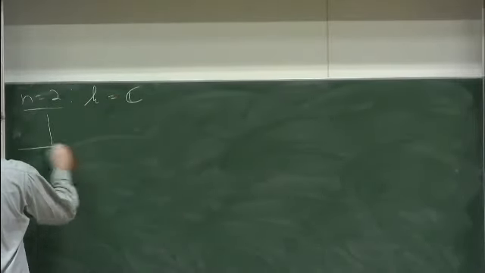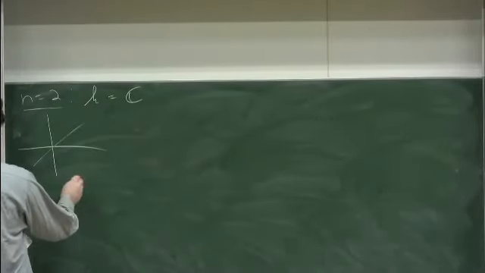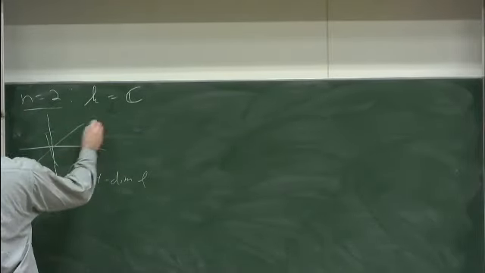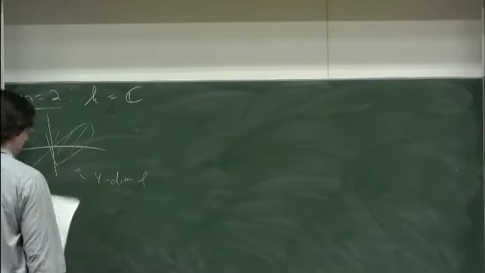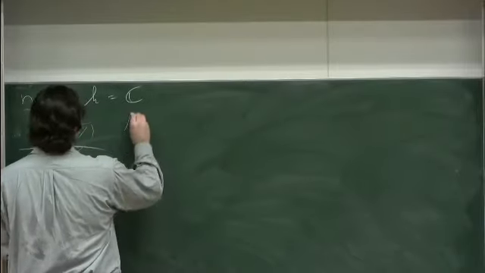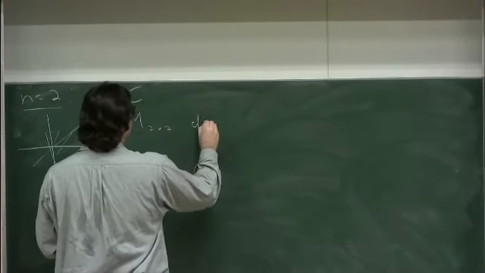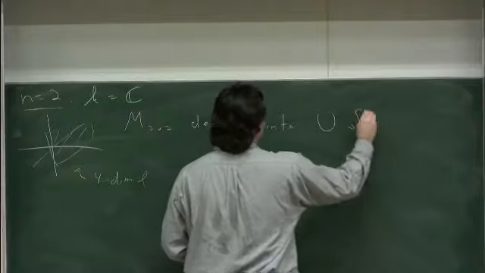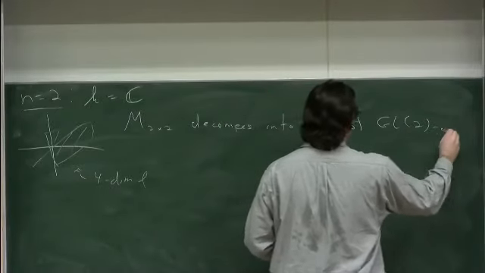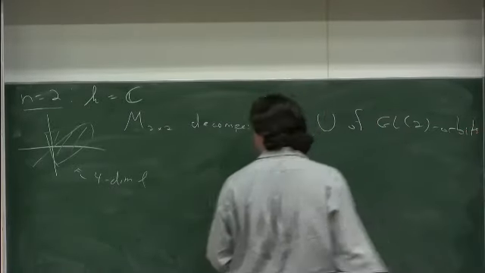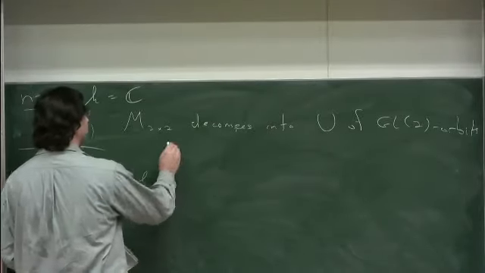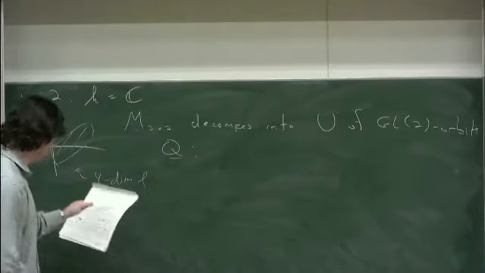Well, we have our four-dimensional space. It's supposed to be four-dimensional. And we'll have some orbits of whatever dimension under GL2. So M2 by 2 decomposes into some union of GL2 orbits. And these orbits are not going to be maximal dimensional. They're not going to be the dimension of GL2. They're going to be something less. And you can easily determine that they're at most two-dimensional.